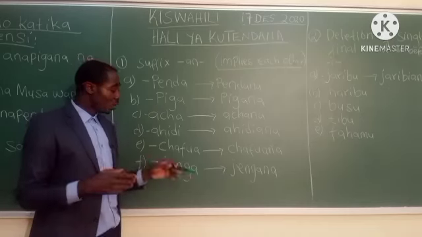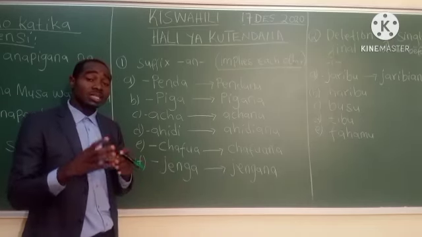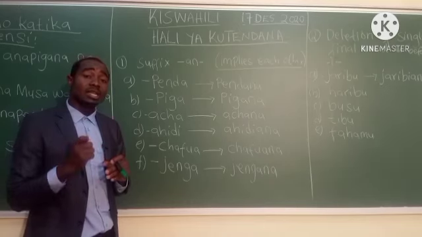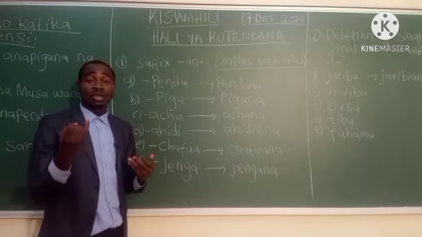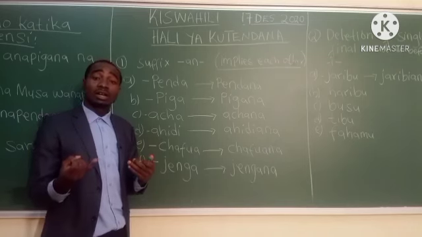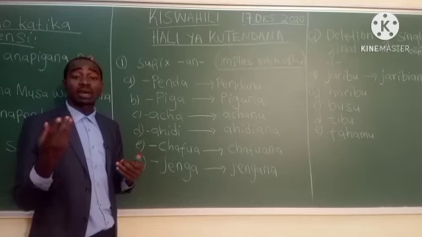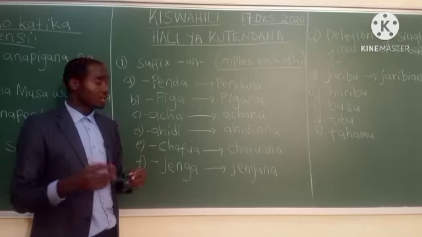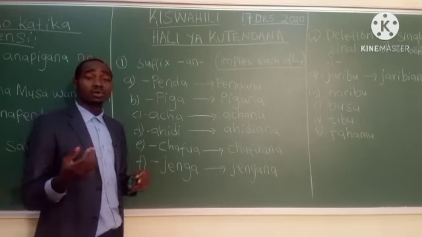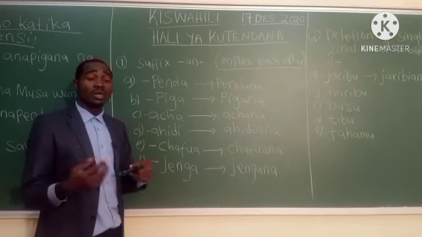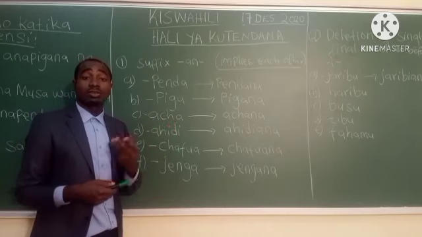Now, jenga here, we can use it idiomatically to mean to construct each other, in terms of character, or in terms of wealth. When someone assists you to do something, amekujenga.